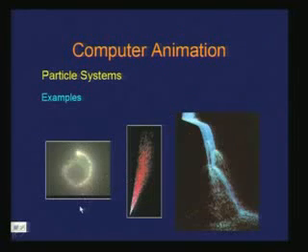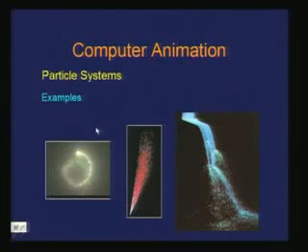Okay, so these are some examples. For instance, all of you must have used, during Diwali, lots of firecrackers and other fireworks. They can actually be modeled using particle systems. So here you have the origin of the particle system, where these particles are getting generated, right?